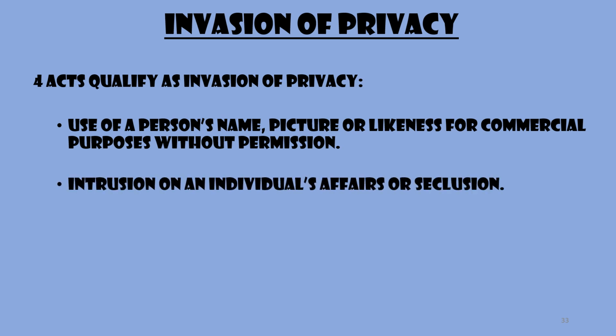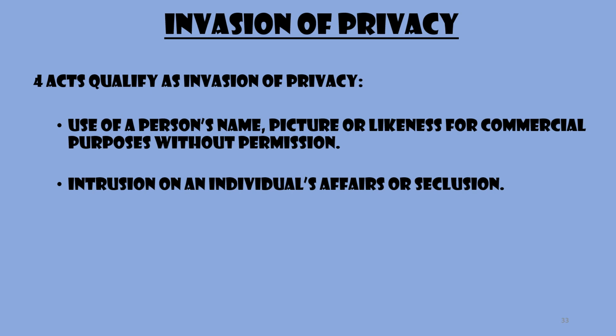Intrusion on an individual's affairs or seclusion. Now, when we say affairs in this context, we mean your personal business. When we say seclusion, we mean literally your right to privacy in your home or on vacation or something like that. Right, so what does this mean?